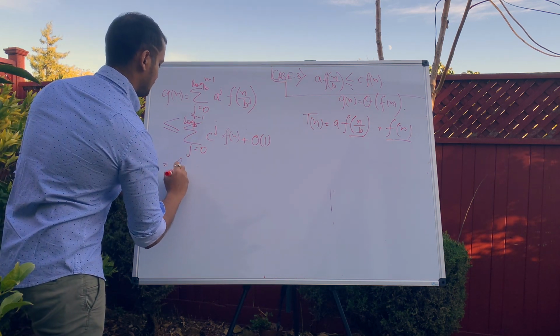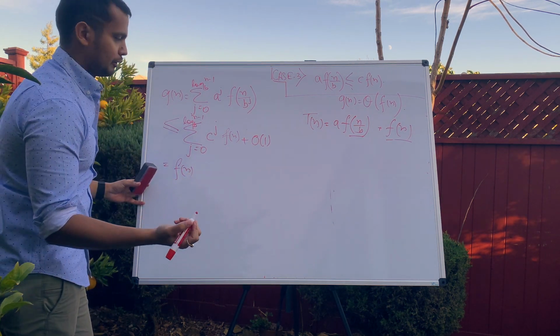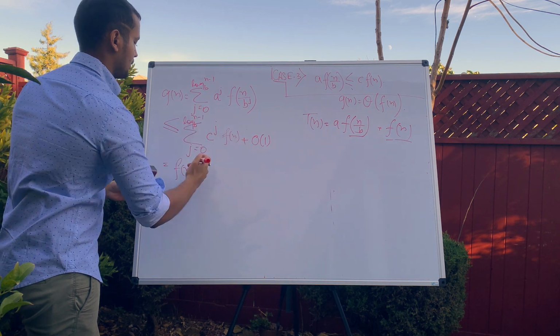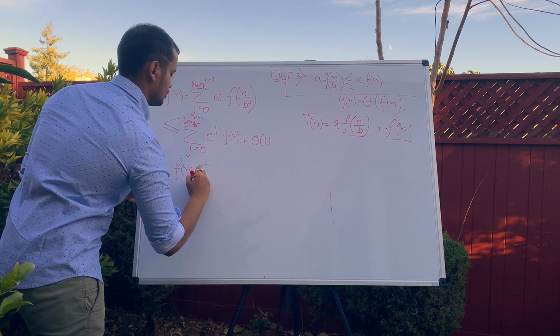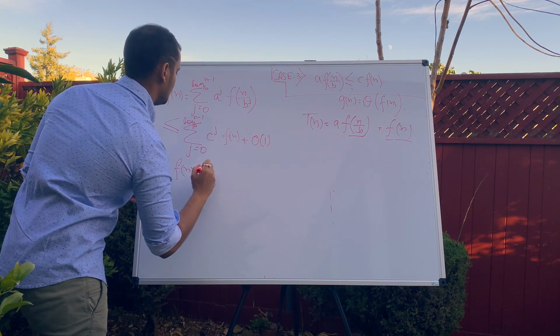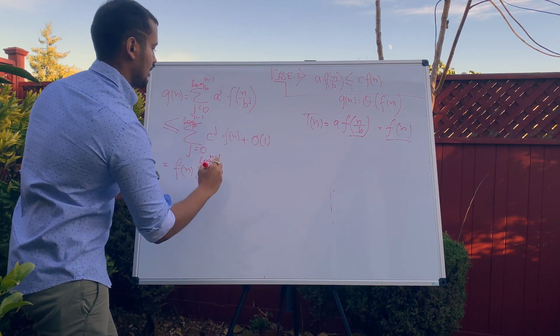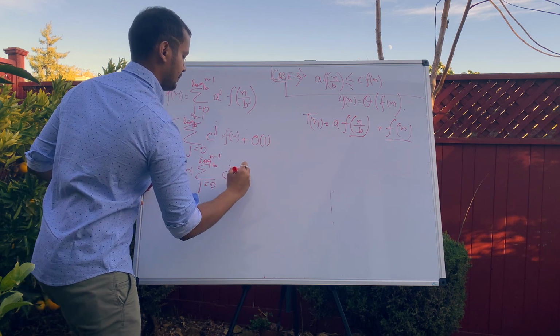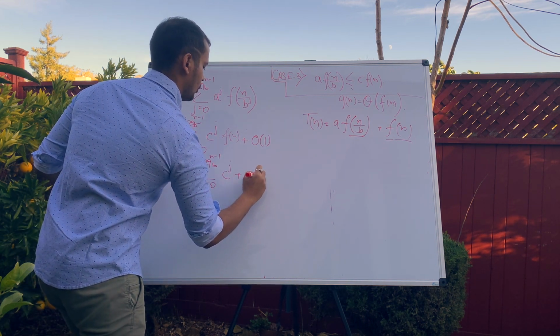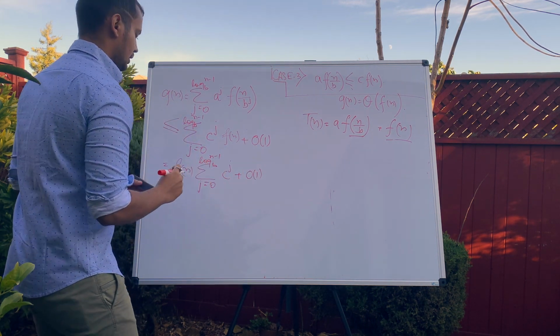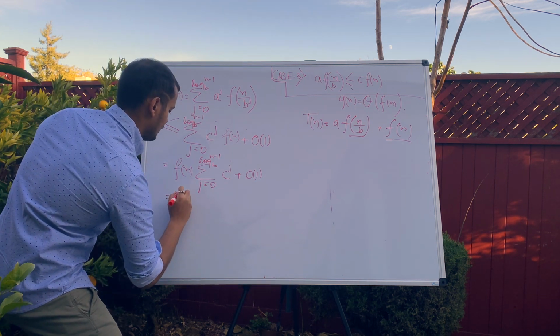So we can pull out f(n) because it doesn't depend upon j. And then the summation of j equals 0 to log_b n minus 1 of c^j, some constant, so O(1). Again, here f(n).